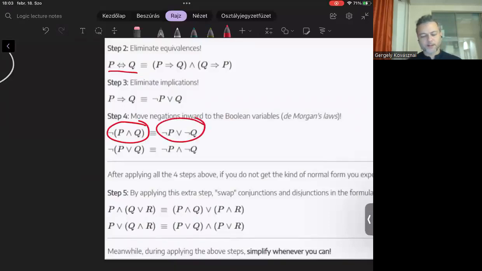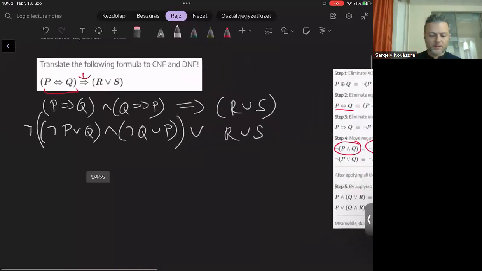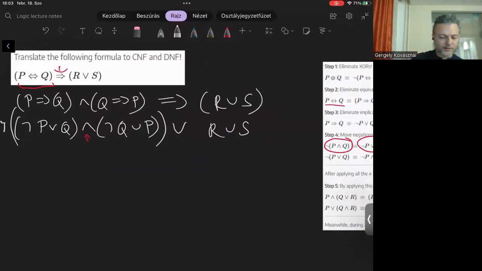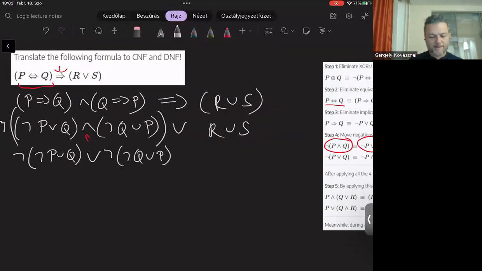So we turn it to a disjunction. Okay, so how to do that? Of course, we have to negate the left-hand operand. Then this conjunction turns into a disjunction. Then we negate the right-hand operand. And finally, I keep the rest.